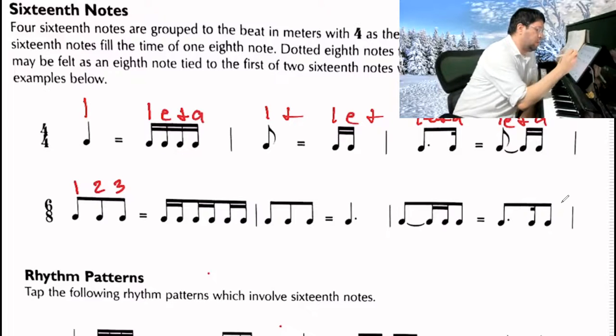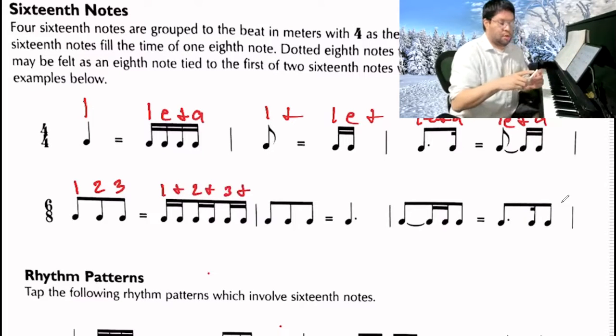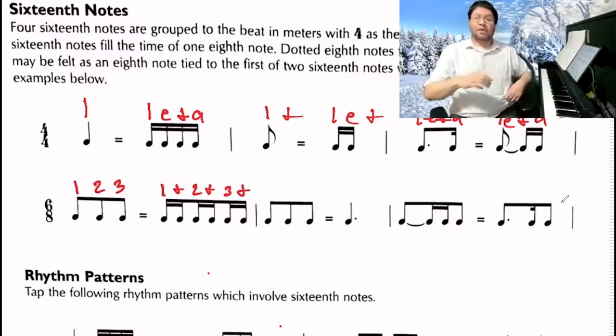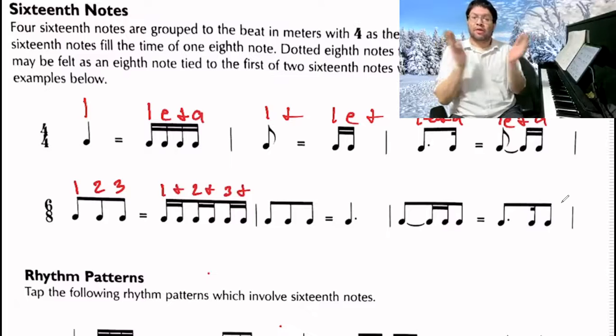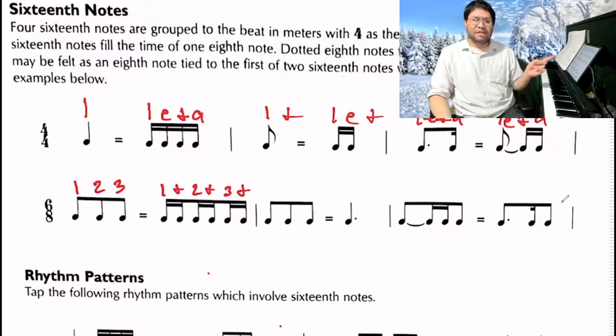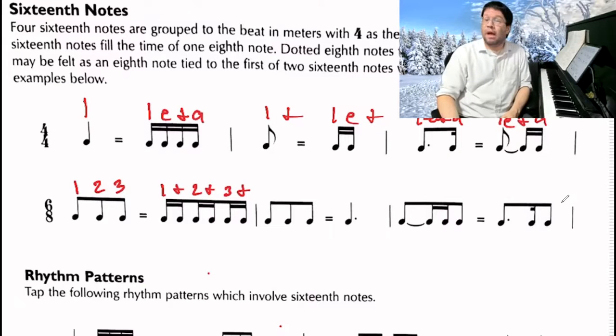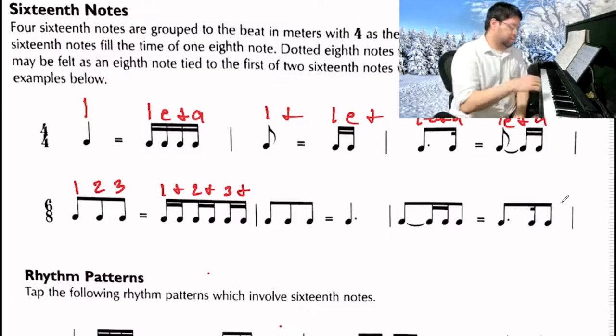So this is the way this is going to be counted: 1 and 2 and 3 and. When we have the regular 8th notes, it's 1, 2, 3. The 16th notes are 1 and 2 and 3 and, and they just happen to be beamed all together. It looks kind of strange, I know, but that's the way it is.